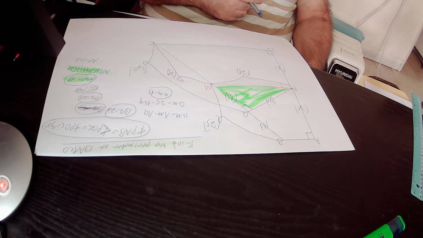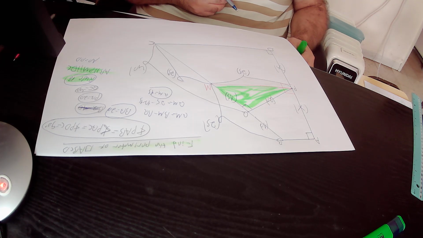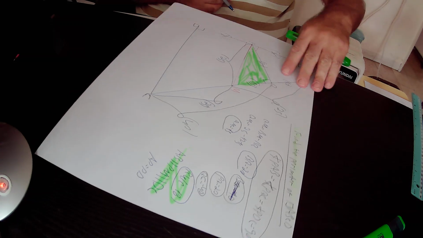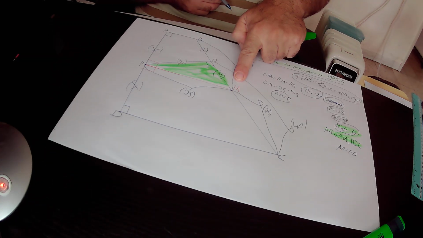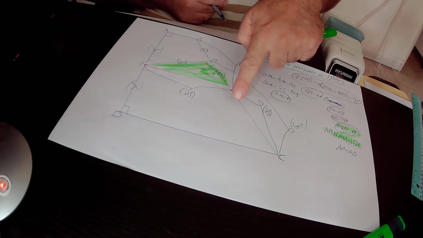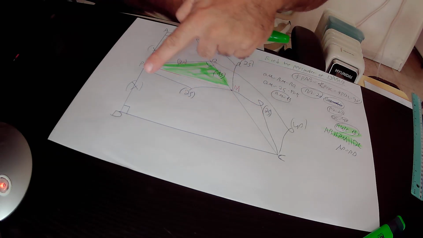In the next step, we will do another construction. That is to say, from point M, we will draw a perpendicular on DC.